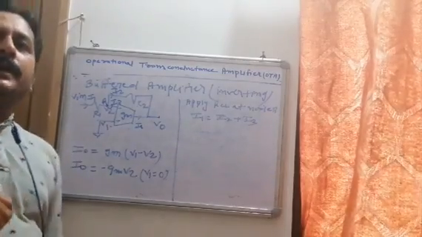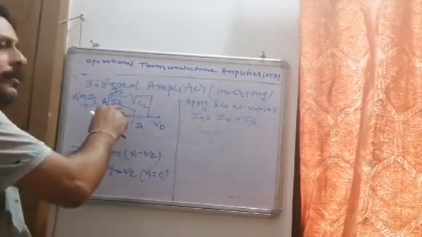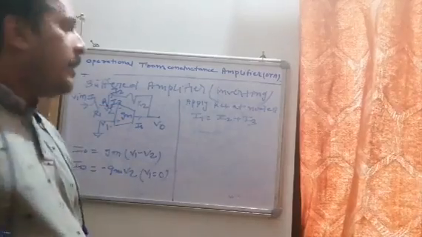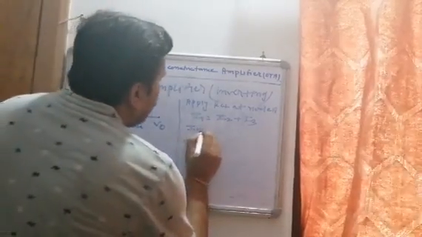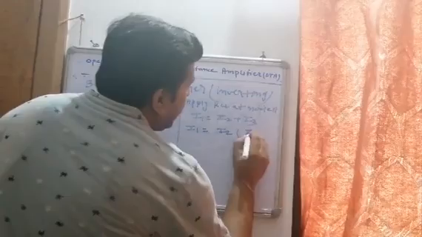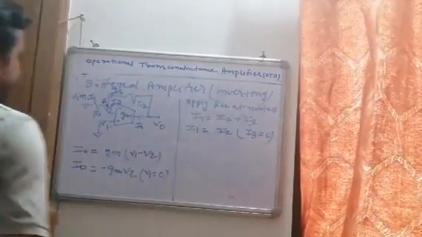So if input impedance is infinite, no current will flow between inverting and non-inverting terminal. So we can say I1 equal to I2 and I3 equal to 0.